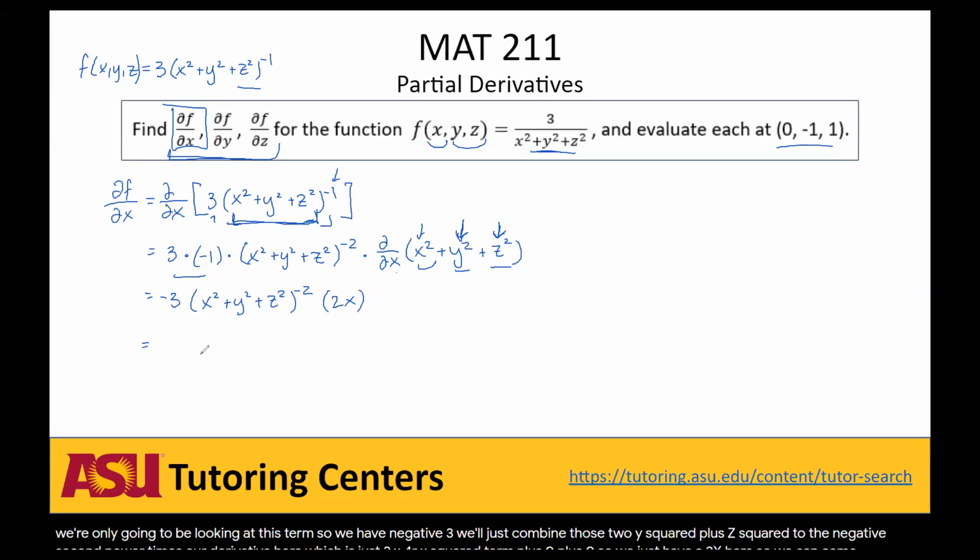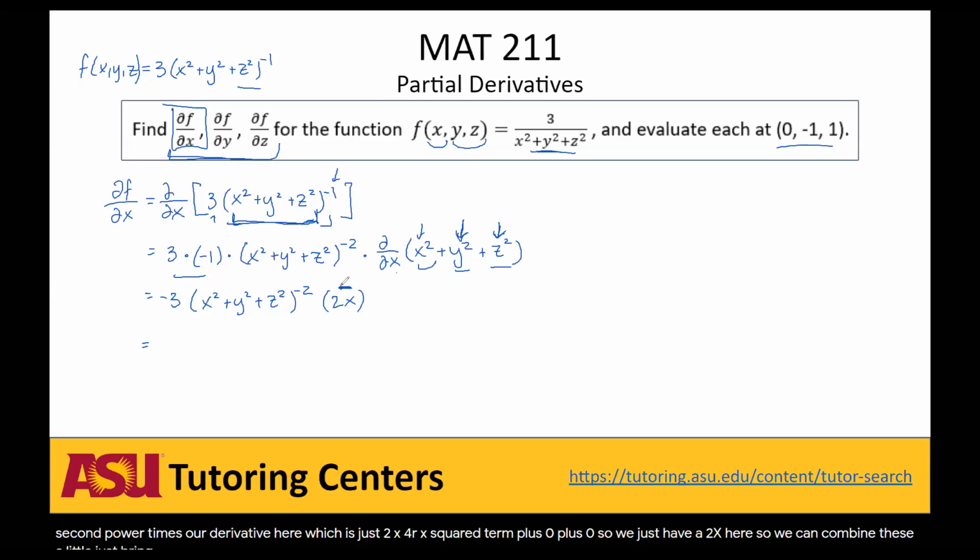So we can combine these a little. We'll just bring this part over to the left side. We'll say -6x times our x squared plus y squared plus z squared to the -2nd.